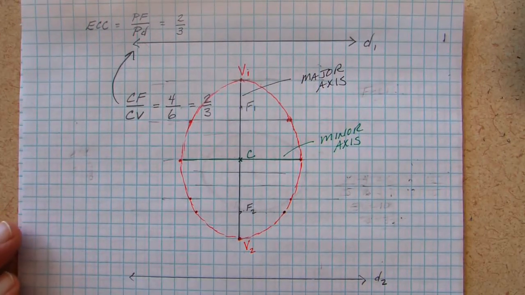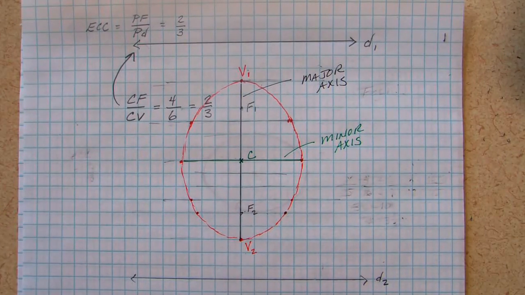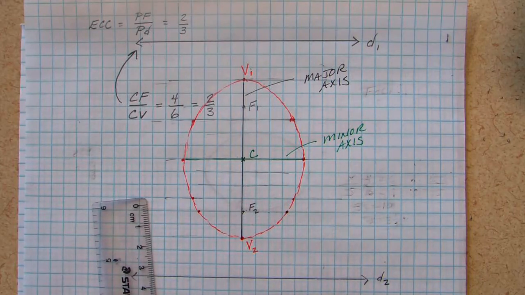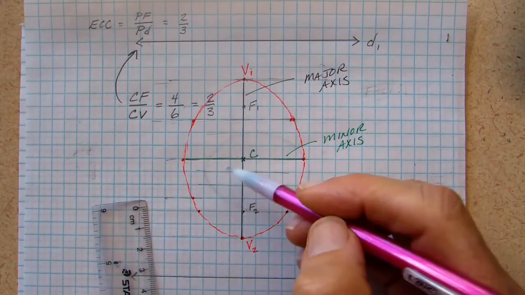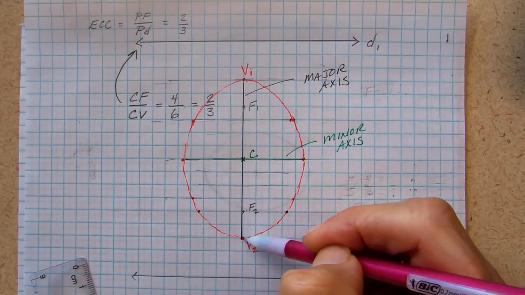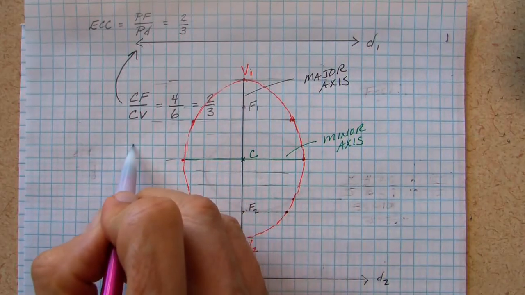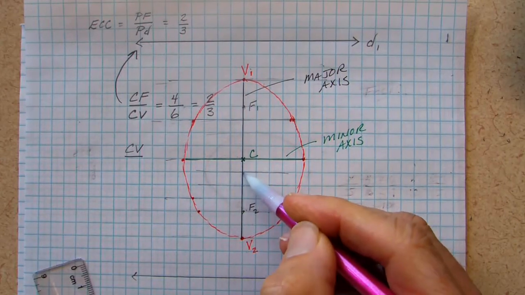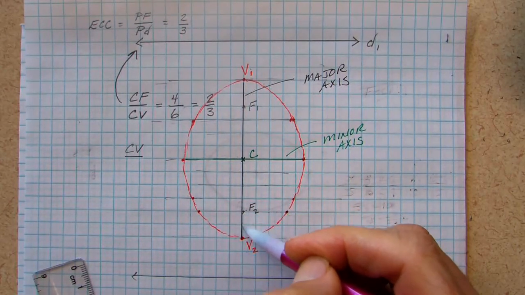Okay? So let me give you another ratio. This one involving the directrix. If you go from the center to the vertex, in this case that would be 1, 2, 3, 4, 5, 6.